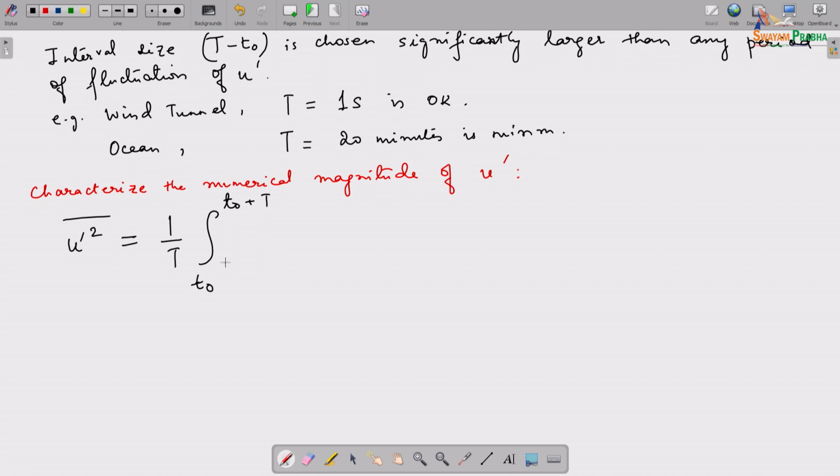T naught plus this, right. Simply, we just take a mean of these squares, or we could just write, we take a mean of the fluctuations.